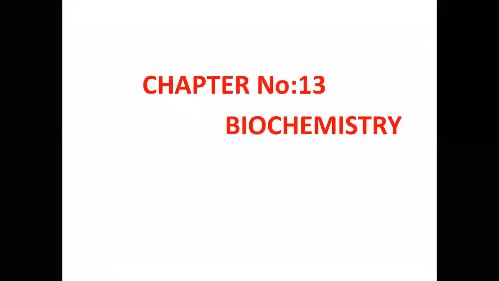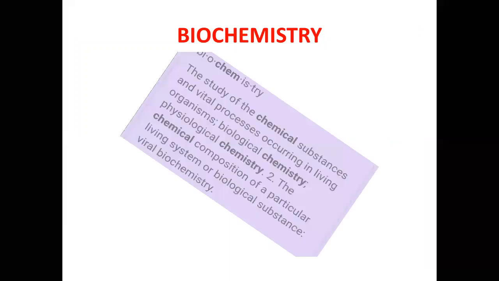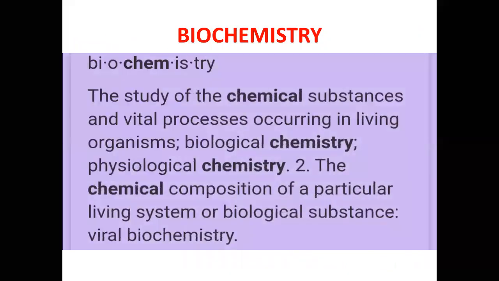Now we are going to start the next chapter, chapter number 13, which is about biochemistry. What is biochemistry? The study of the chemical substances and vital processes occurring in living organisms. Bios means life and chemistry means the changes that take place in living organisms.